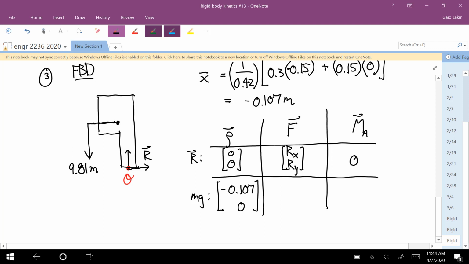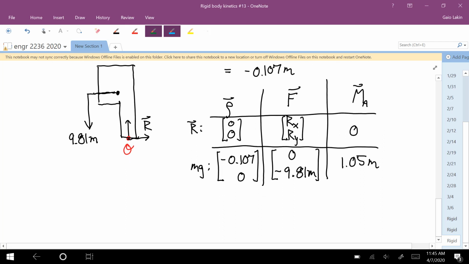And so that's the r vector, the vector from the about point to the point where the force is applied. The force is 0, negative 9.81 m. Take the cross product. And you get positive 1.05 m. That's all the forces acting.